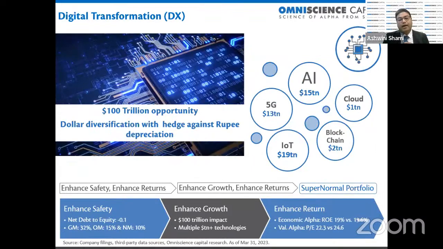Moving on, digital transformation, OmniDX, is another growth sector, around the IT services companies. They are exposed to digital transformation, which is quite popular now. But 3 years back, people found it difficult to understand how these companies in this digital era were going to survive or create value for investors.